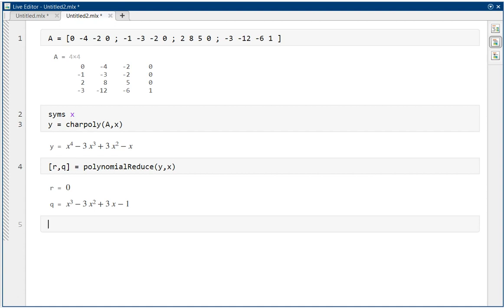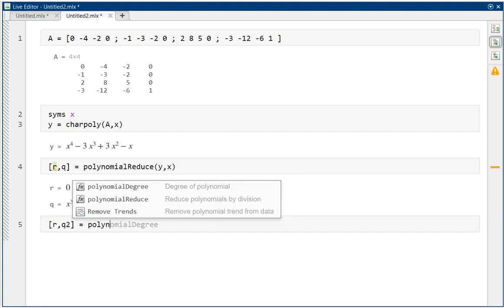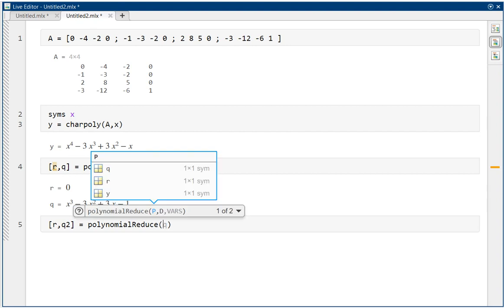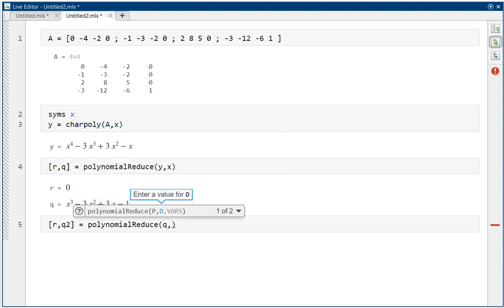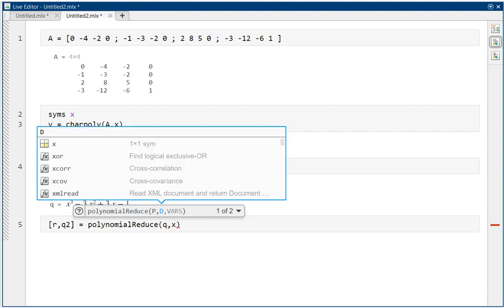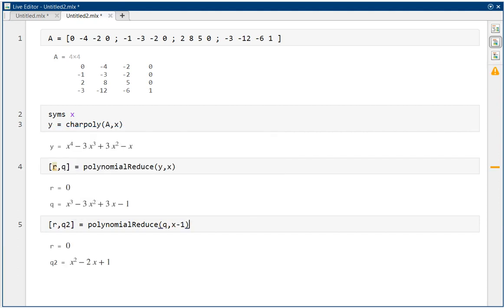Let's say that RQ2 equals the polynomial reduce Q comma, and then x minus 1. And that worked. Oh, cool. And then that reduces as well.